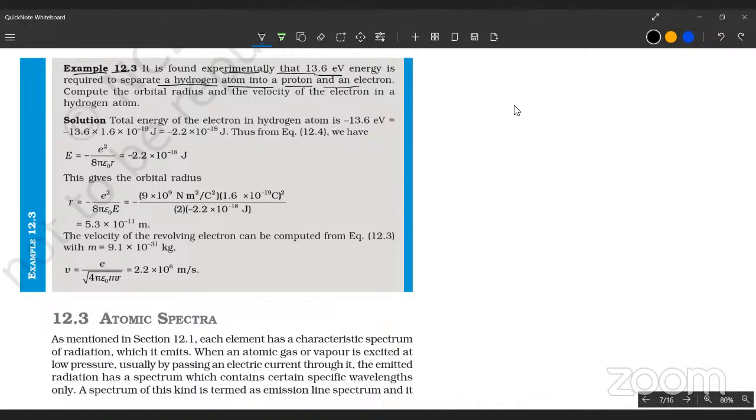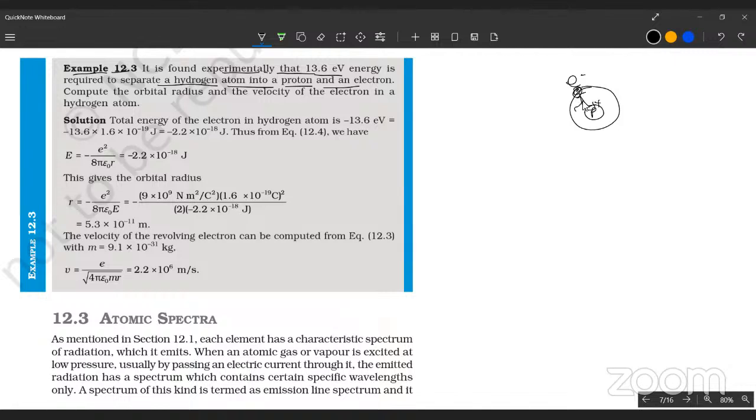So what is the construction of a hydrogen atom? It has a proton in the nucleus and an electron, right? This is a simple hydrogen atom. Now they are bound because the proton is positive charge and the electron is negative charge, so electrostatic attraction exists between them. So how can you separate it?